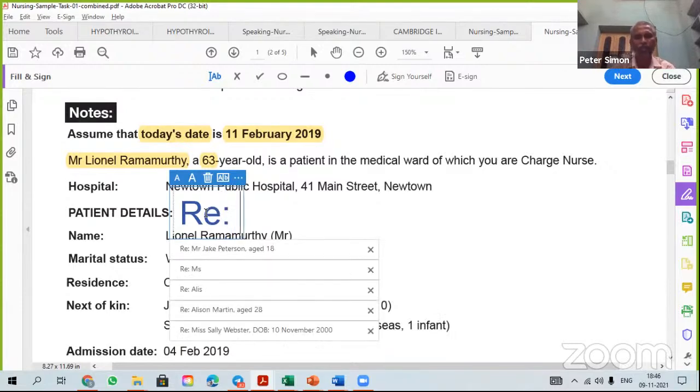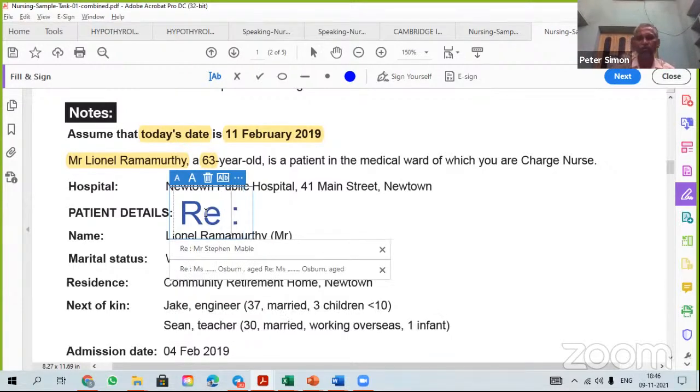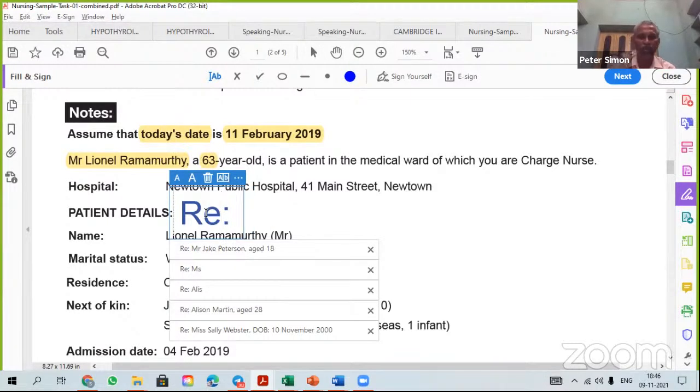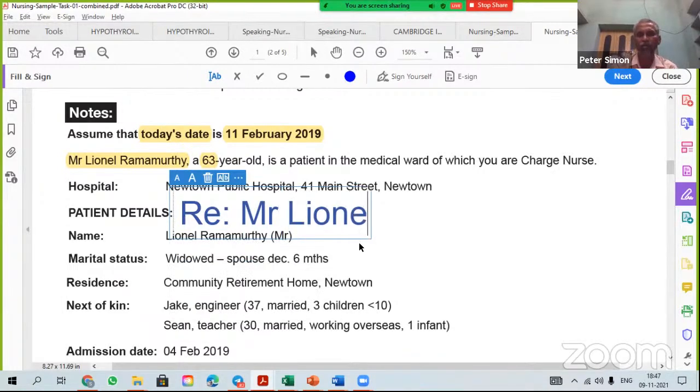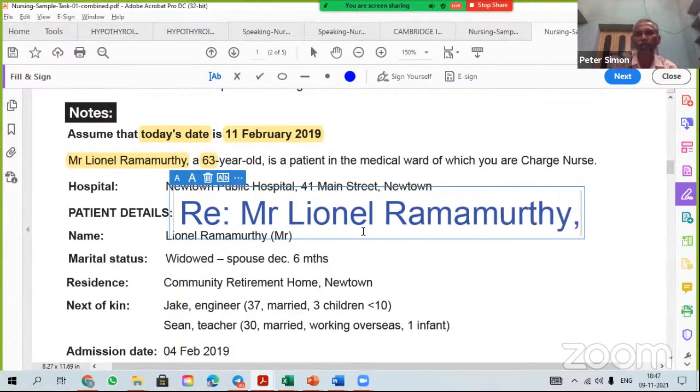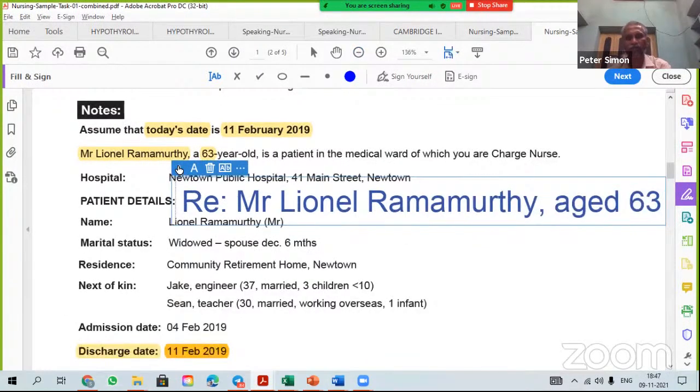Many people put a space before the colon. No, there should not be any space in between. So this is Mr. Lionel Ramamurthy, comma, aged 63.